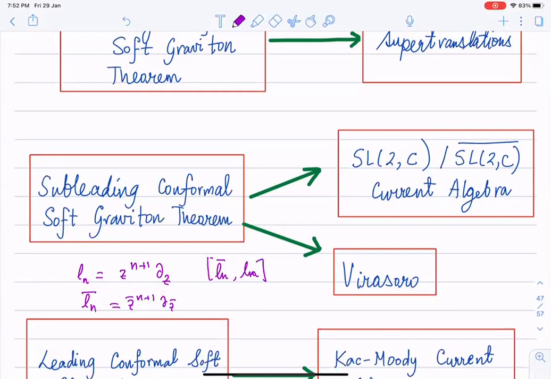But that is not what we want from Virasoro, because in the case of Virasoro we want meromorphic vector fields.